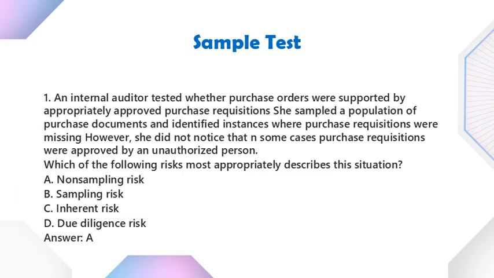1. An internal auditor tested whether purchase orders were supported by appropriately approved purchase requisitions. She sampled a population of purchase documents and identified instances where purchase requisitions were missing. However, she did not notice that in some cases purchase requisitions were approved by an unauthorized person.